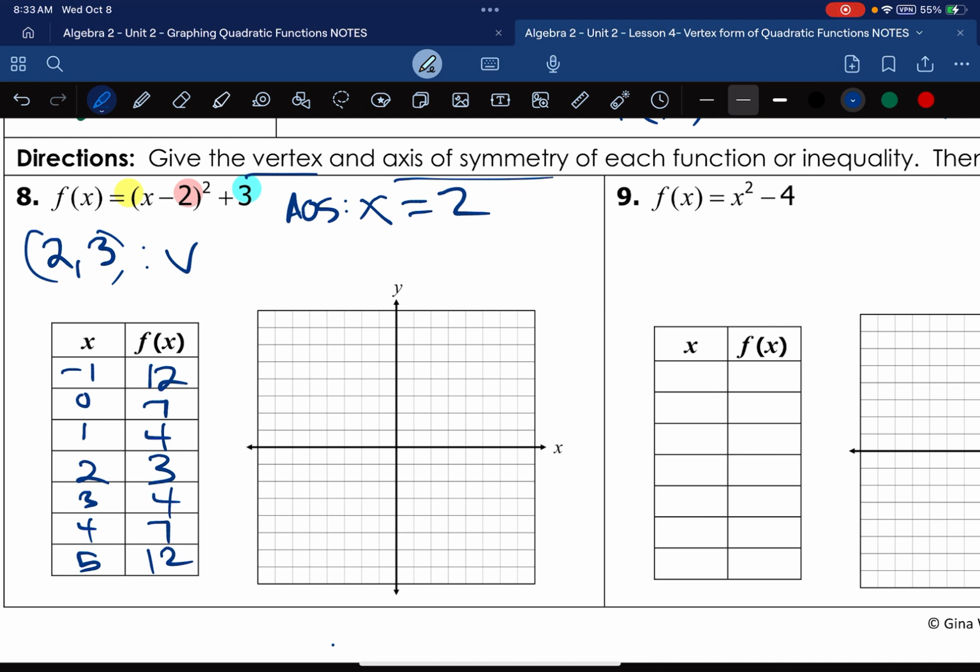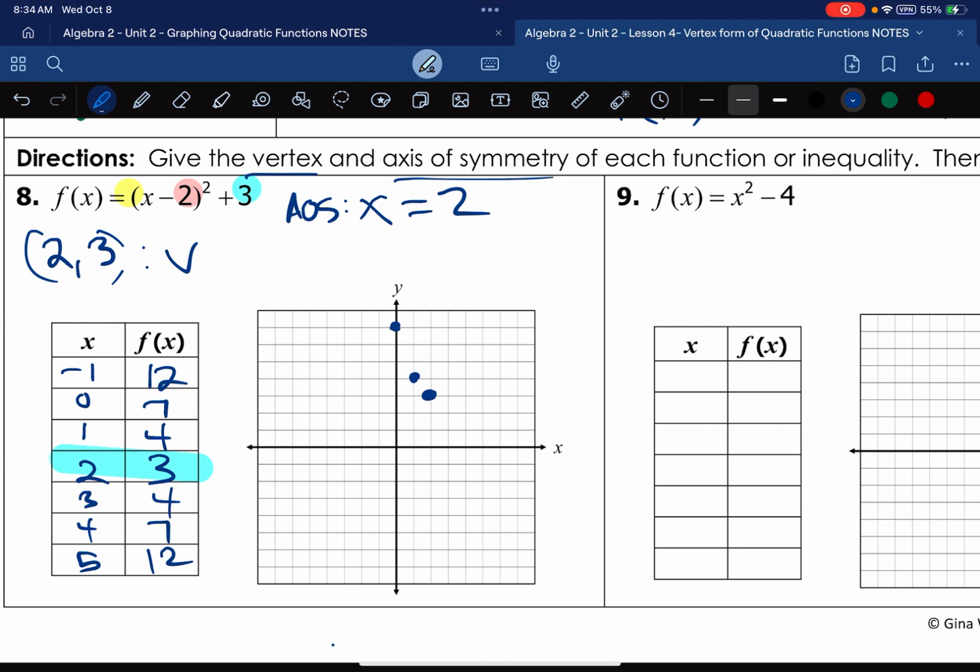Now I'm going to graph these. I always like to graph the vertex first because I know that should be the very lowest point or the very highest point, and then it should make that U shape. Remember, we're making a parabola. 2 to the right, up 3, make a point. 1 comma 4 would be on the left. 0 comma 7 would be right here.